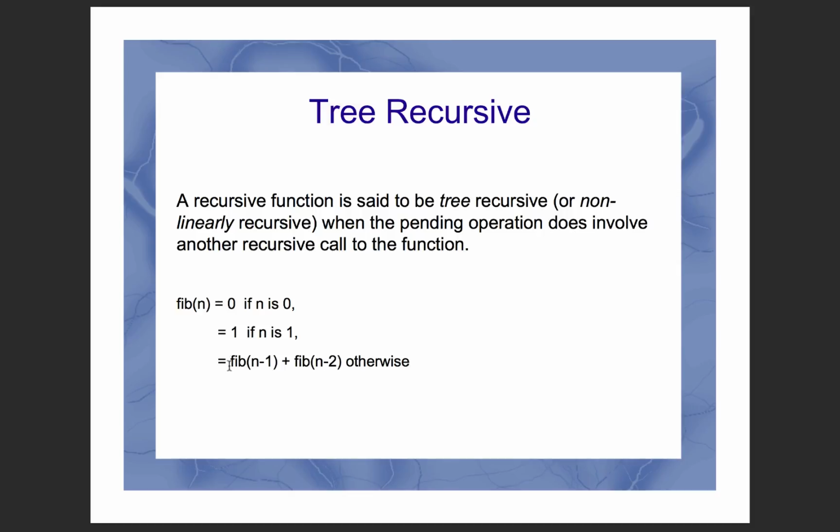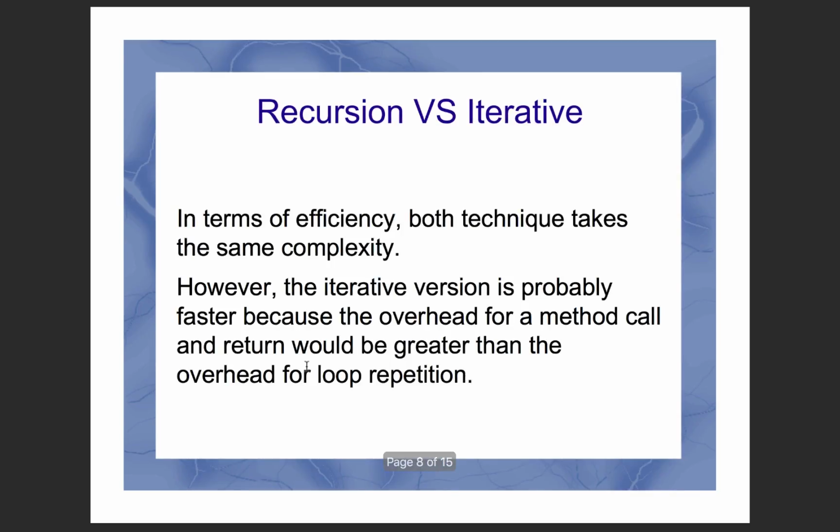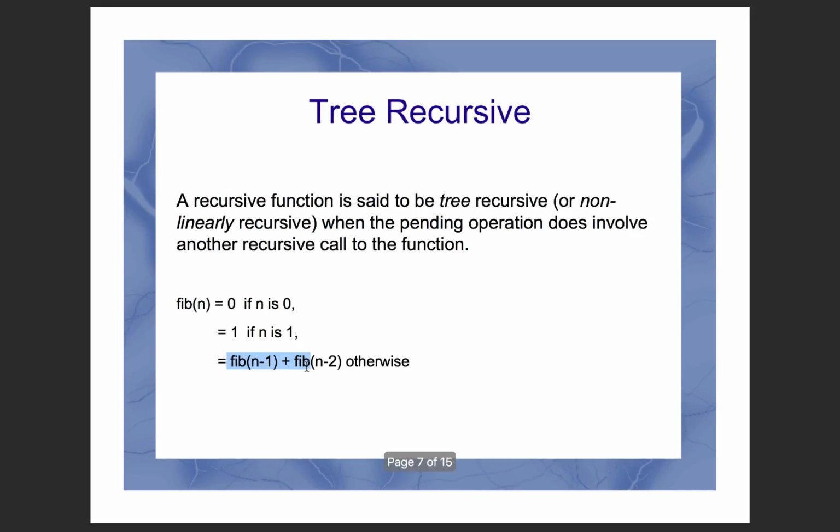So it calls fib n minus 1 with a smaller version, plus fib n minus 2 with an even smaller version. You can see that this recursive portion has more than one recursive call. So this is not linear. This basically creates tree recursion. Why does it create tree recursion? Let's see this. We'll explain this one.